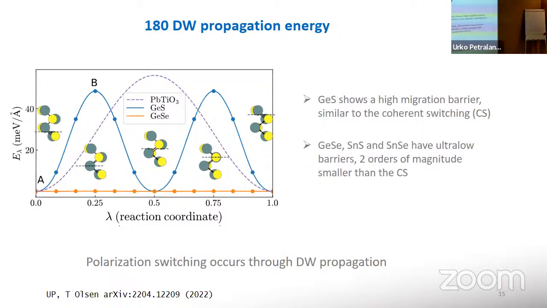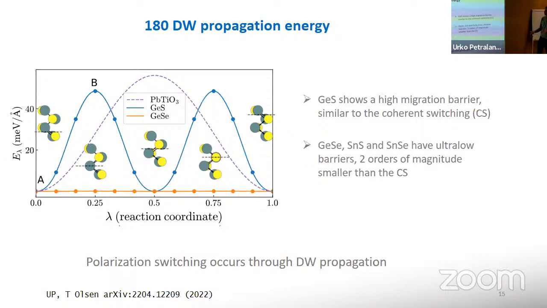So this tells us something. I forgot to say that the uniform coherent switching I mentioned before is very similar to this one. I don't show it here, maybe I should, but the coherent switching energy maximum is more or less the same magnitude as this.